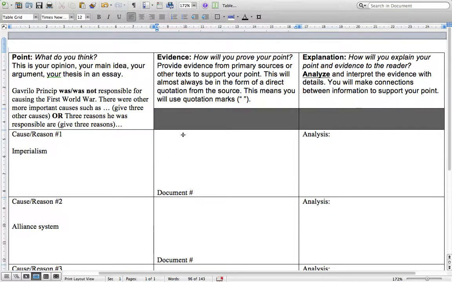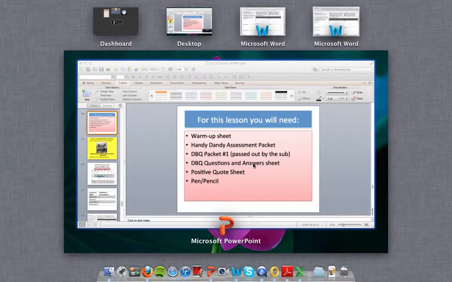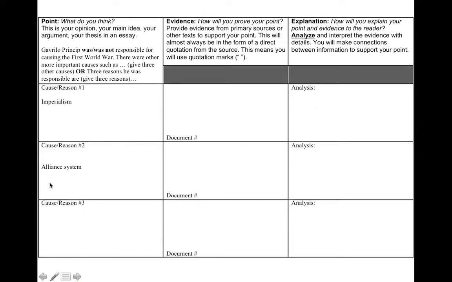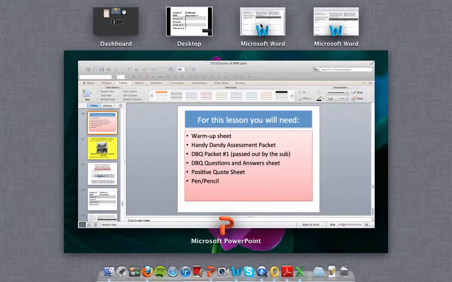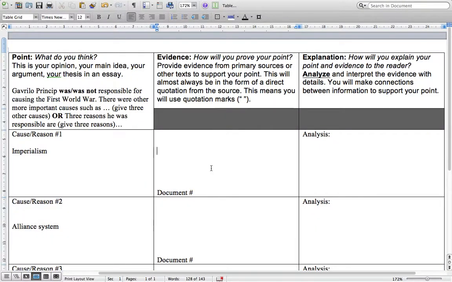So now, you need to prove your point that imperialism was a cause of World War I. You are going to have to refer back to this chart here. If you say imperialism was one of the causes, then you need to give me evidence from one of the documents in the DBQ packet that supports your point. I hope this is making sense to you.